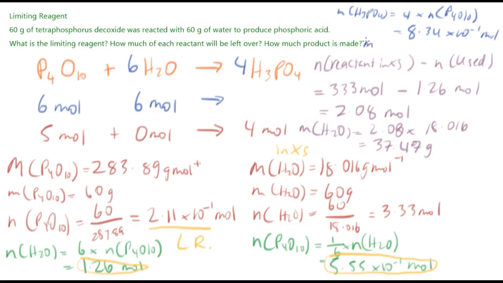And so the mass of our phosphoric acid is just the molar mass of phosphoric acid, which is about 98 grams per mole, times that above, which should give us around about 81.70 grams of phosphoric acid.